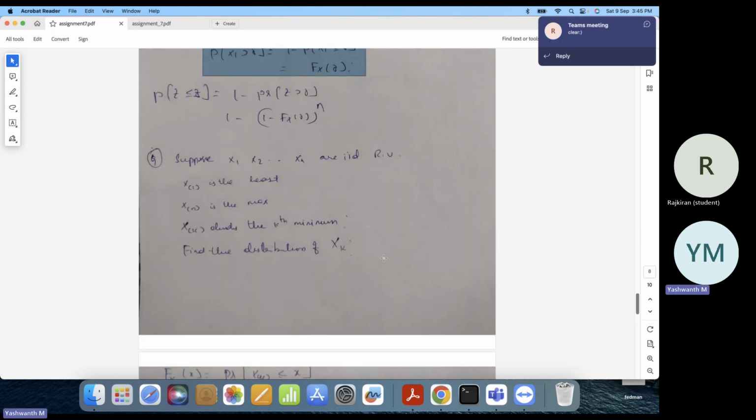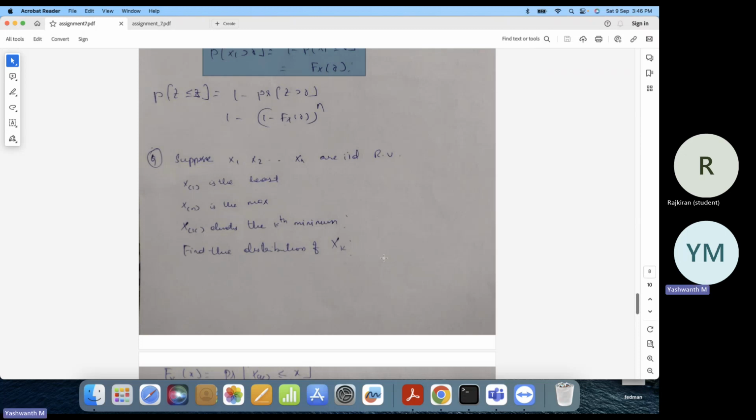Now we move to a more generic thing. X1 to Xn are random variables. Let's denote X of 1 as the least random variable and X of n as the highest, written in brackets. Note that X subscript (1) in brackets is not the same as X1; I just want to emphasize that.